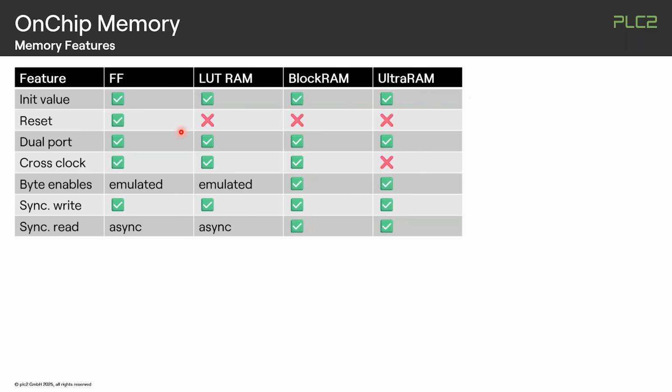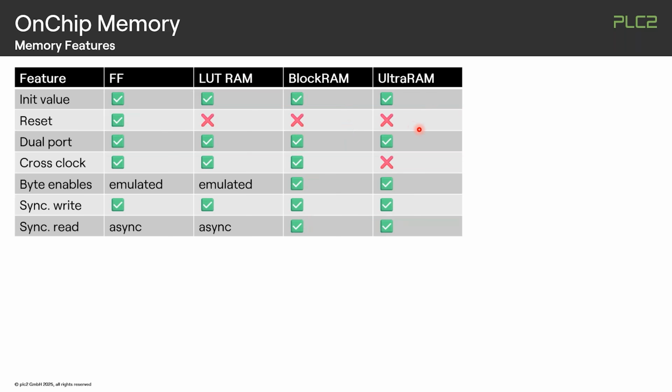When it comes to resetting certain memories, flip-flops, of course, we can reset. With bigger memories, there's no reset available. Just imagine the current and power you need to clear a complete BlockRAM at once. If you would trigger this, the whole BlockRAM would just burn inside of the ASIC. So it's a power problem, a heat problem, and especially if you have multiple BlockRAMs together, like 16 connected into one memory, it would be just too big a power draw inside the FPGA.